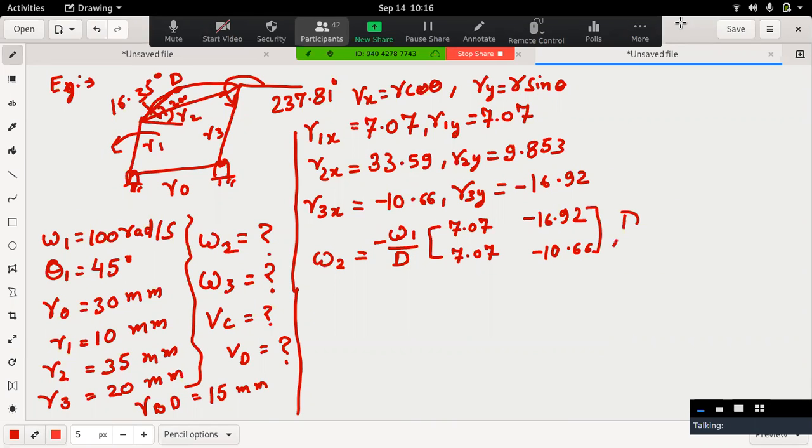Or d can be written like this: r2y, that is 33.59, r2x, sorry, this is not 33, so r2x is 33.59.